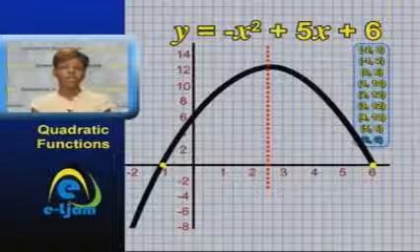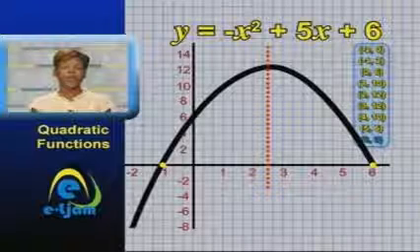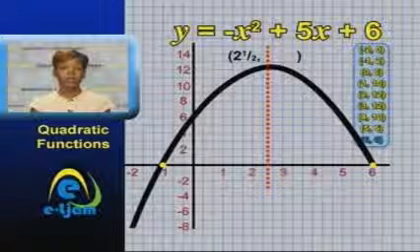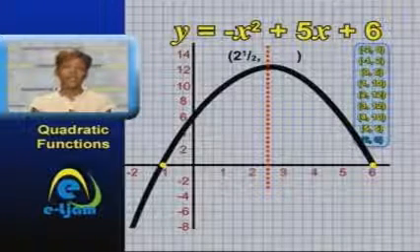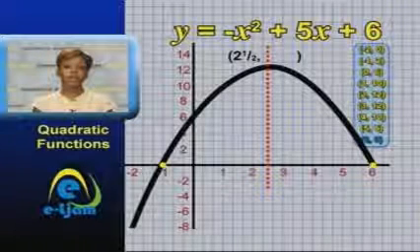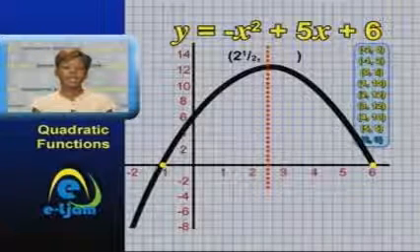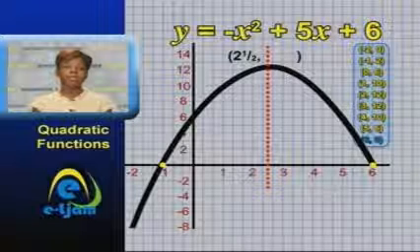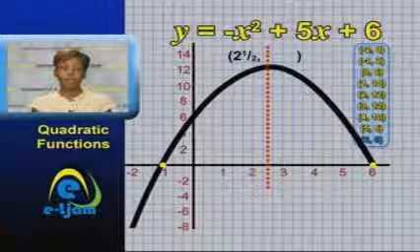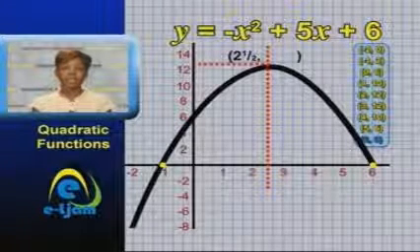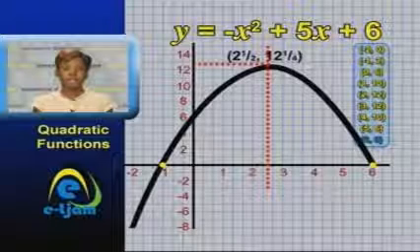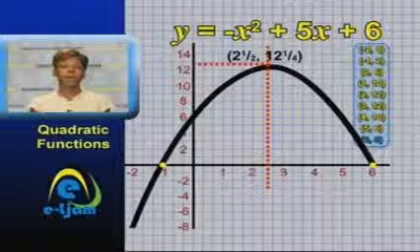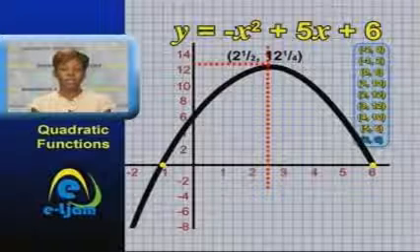So, for the function y equals negative x squared plus 5x plus 6, x equals 5 over 2, or 2.5. The turning point of the curve is where the axis of symmetry and the curve intersect. The maximum value of this quadratic function is found by reading off the y value at this intersection. This is 12.25. Therefore, the coordinates of the turning point are 2.5, 12.25.